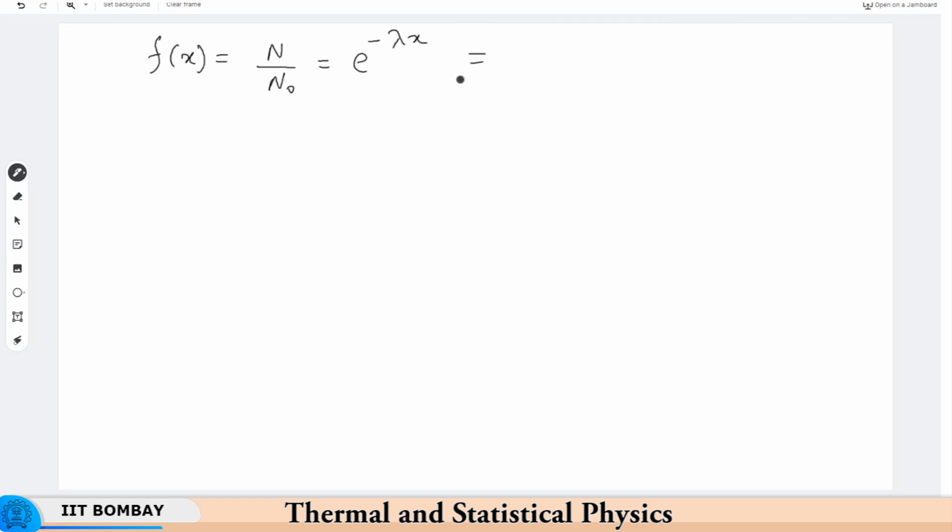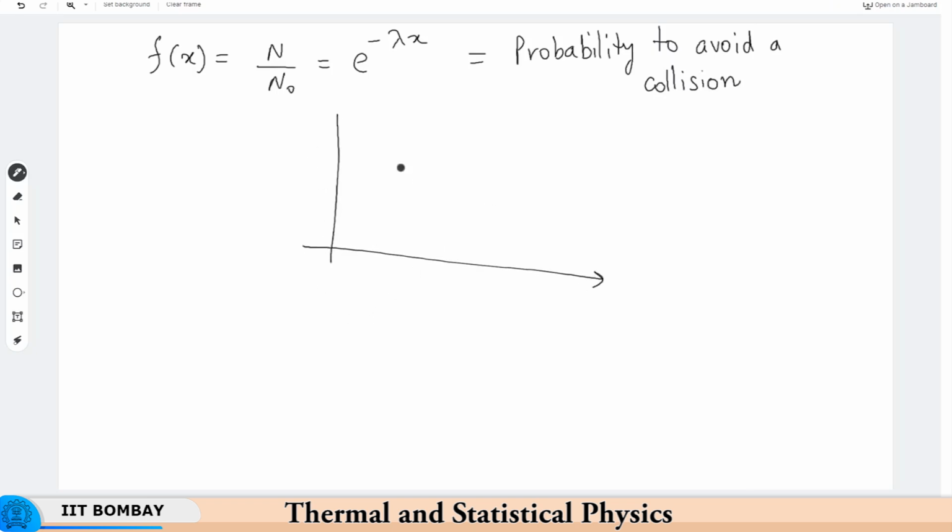And this is basically the probability to avoid a collision. We can also plot it. It is a simple exponential function. So, you have f of x against x, and this just decays exponentially.